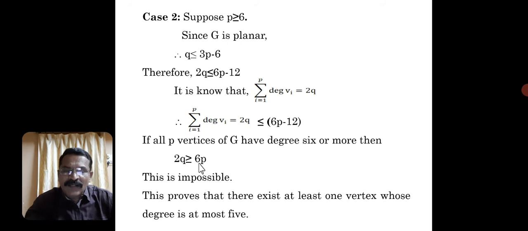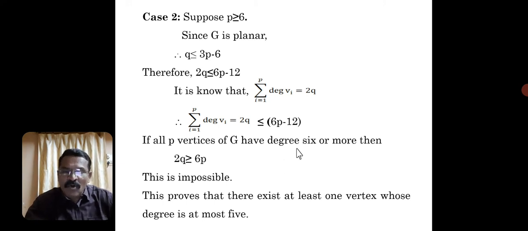So if all p vertices of G have degree 6 or more, then obviously 2q is greater than or equal to 6p, isn't it? This is impossible, because in the previous step we are saying 2q is always less than or equal to 6p minus 12, but we are getting 2q is greater than or equal to 6p.